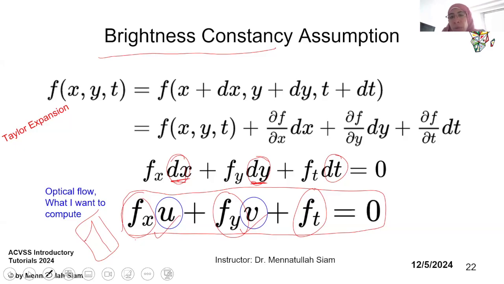But how many unknowns am I trying to compute? Does anyone remember? What am I trying to compute? I just want to make sure that we're all on the same page. What do you think? You can guess.